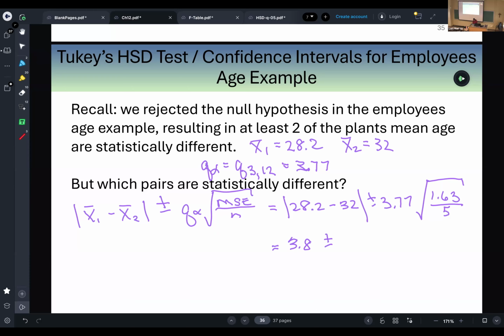The margin of error is 2.153, right? So if the calculator says 2.525, then we round to 2.153. Just normal convention rounding.